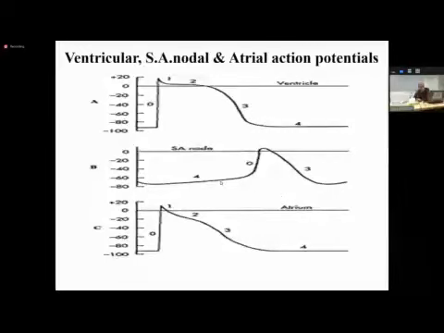The resting membrane potential of the sinoatrial node is about -55 to -60 millivolt. This is the action potential graph, the middle one, of the sinoatrial node. At about -40 millivolt, what is the resting membrane potential? -55 to -60 millivolt.